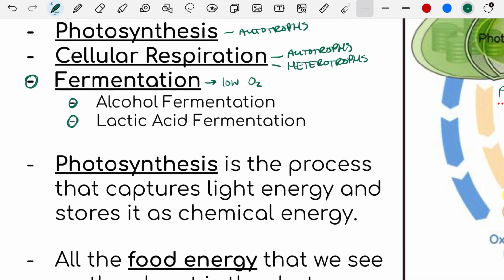And so the last thing to just kind of talk about, we've already talked about this one here, is that photosynthesis captures sunlight and stores it as chemical energy. Remember that chemical energy is ATP and glucose. And glucose is a sugar.